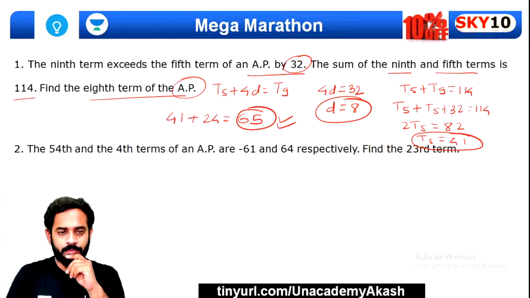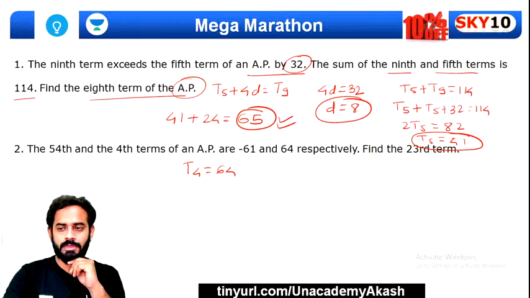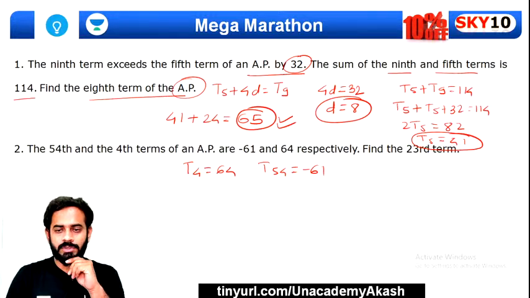What is given here? The fourth term, that is T4, is 64, and T54 is minus 61. How many times will we have to add the common difference?